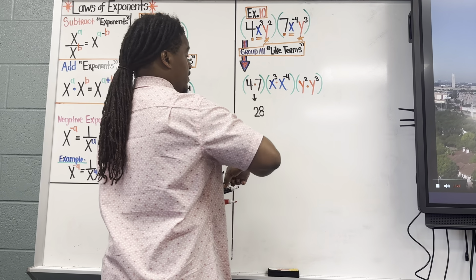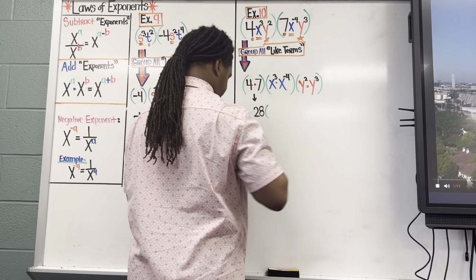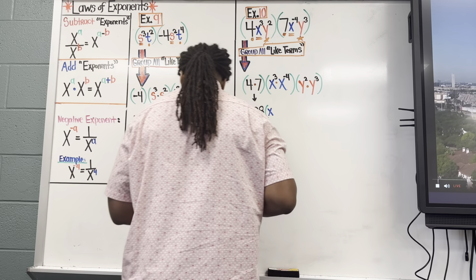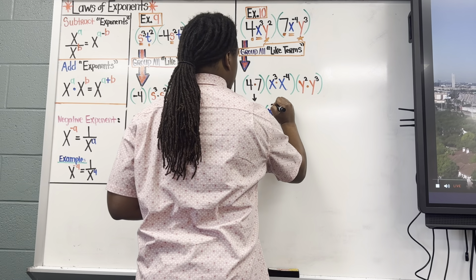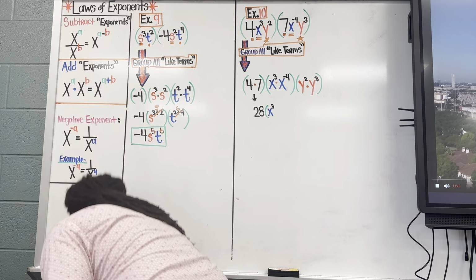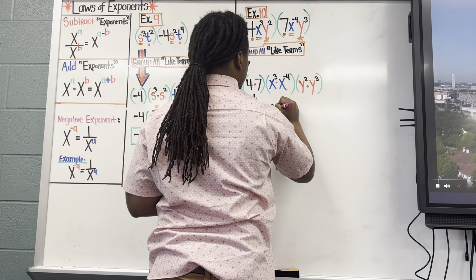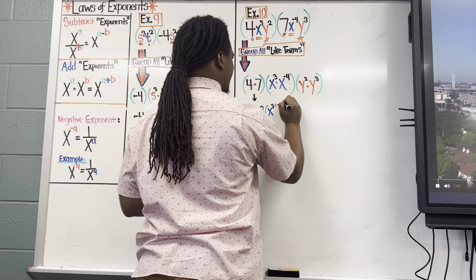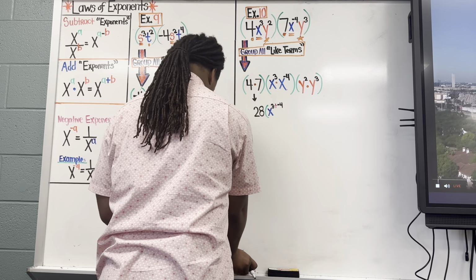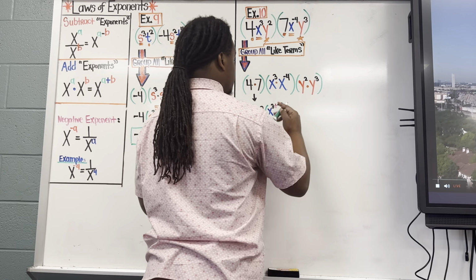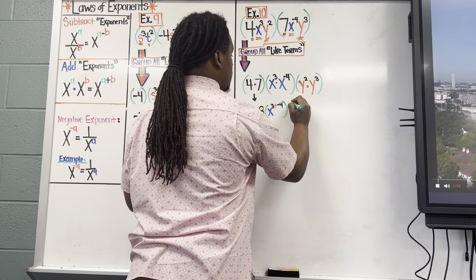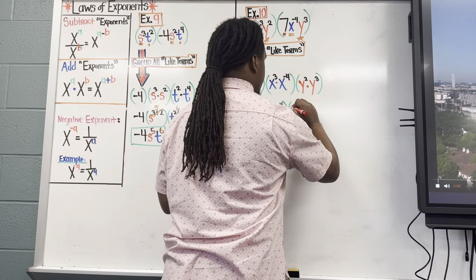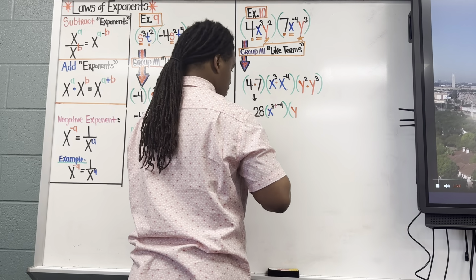All right, so we're gonna have 28 times parentheses, x to the third power plus x to the negative fourth power. Okay, this is what you should have. Parentheses close, times parentheses. Now I'm doing the y. It's going to be y to the second power plus the third power.